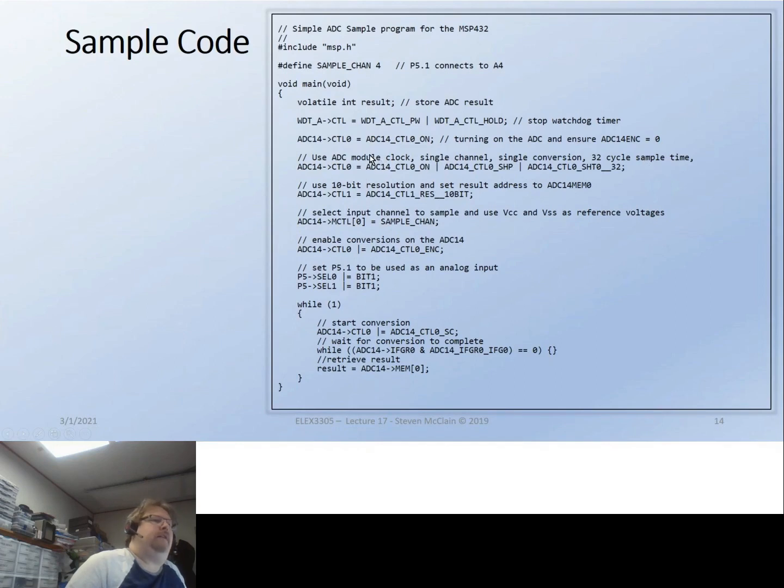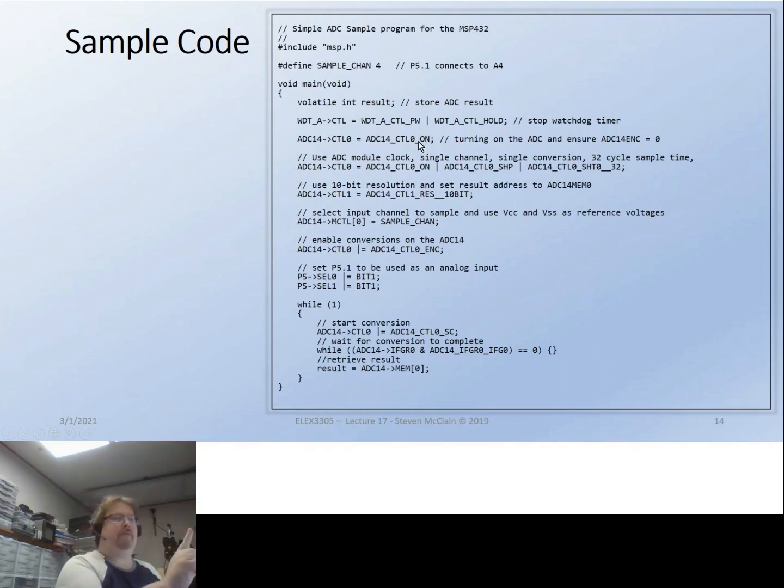Sorry, do you mean the ADC14 control 0 equals ADC14 control 0 on? Is that just because the enable is started as a 0? Well, this is doing a write of the whole register. This on bit is just one single bit.